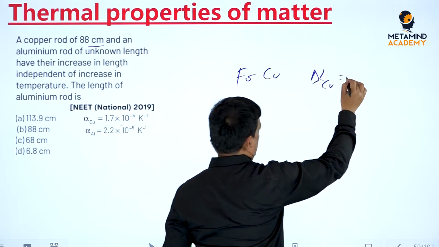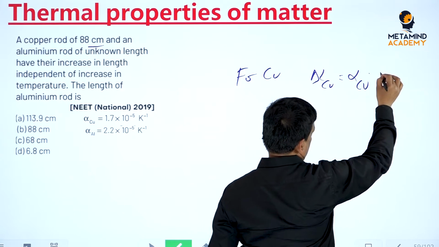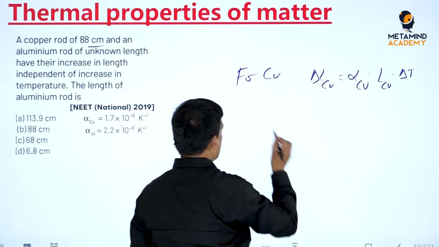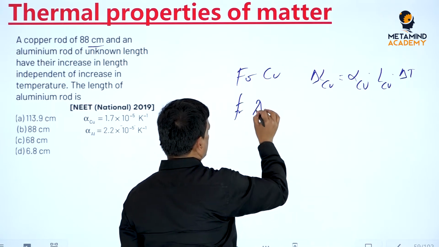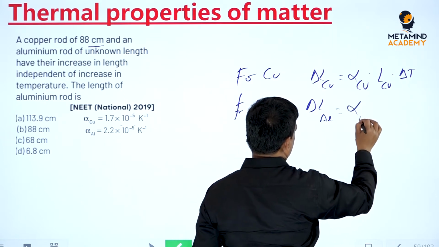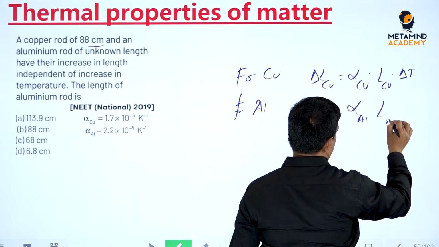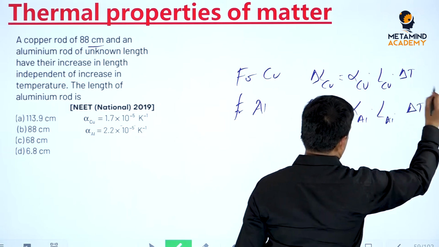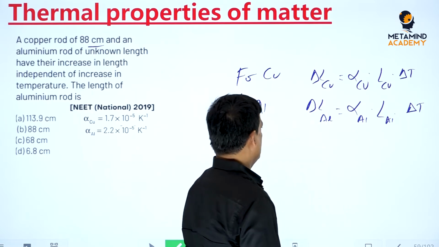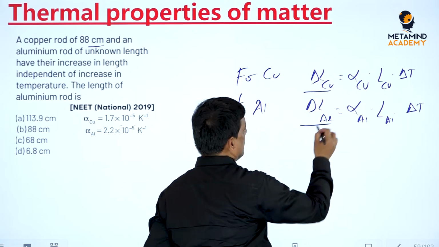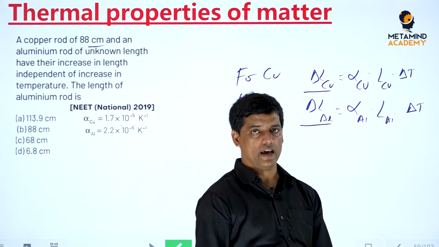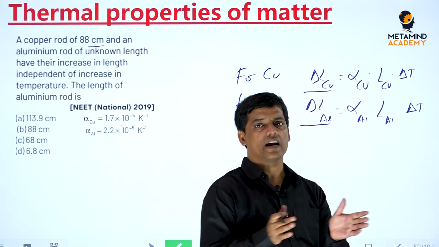Delta L of copper is alpha Cu into length of copper rod into delta T, and for aluminium, delta L of aluminium is alpha of aluminium into length of aluminium into delta T. And what the question is saying is that delta L of Cu and delta L of Al are the same. It means whatever temperature you apply, the increments are exactly the same.